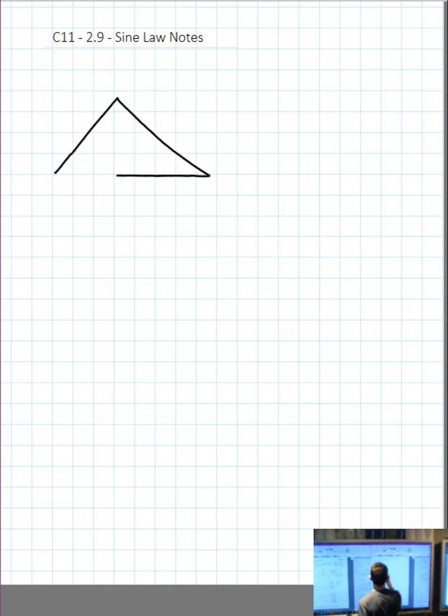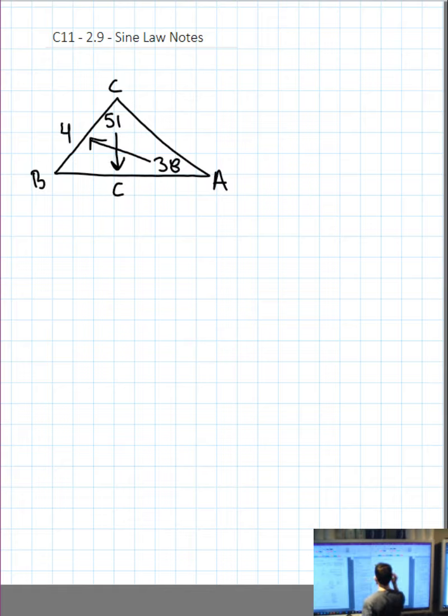So let's draw that diagram. It's labeled BCA. Change it up if you want. C is 51 and A is 38. Opposite of A, side a is 4. Opposite of 51 is side c. We don't know it, so we're going to use the rule.